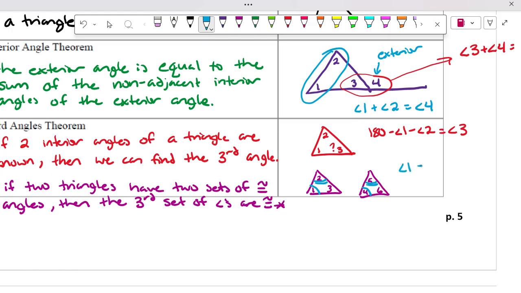So angle 1 is congruent to angle 4, and angle 2 is congruent to angle 5. Automatically, if you have two sets of congruent angles between two triangles, that means that third set, angle 3 and angle 6, are also congruent.